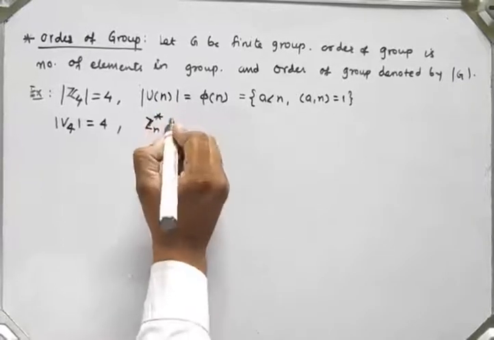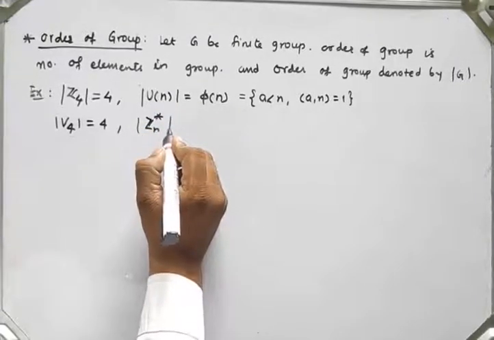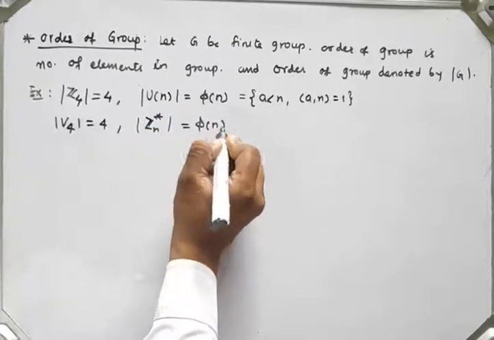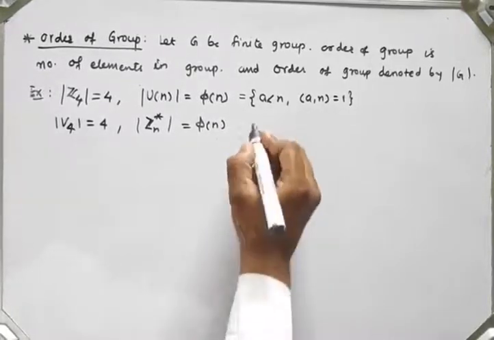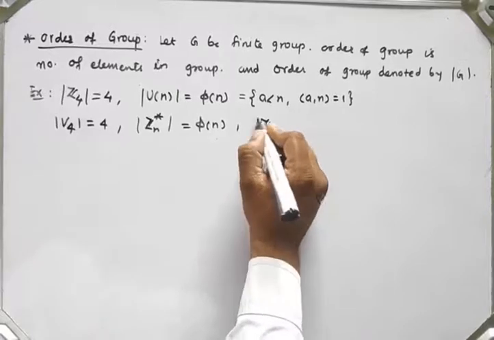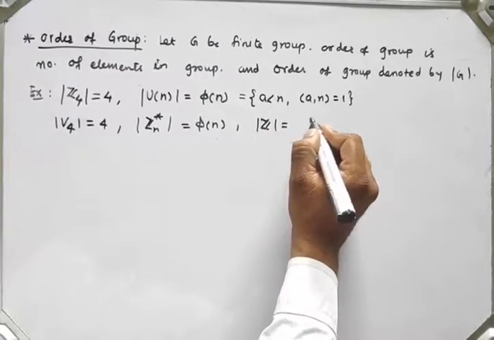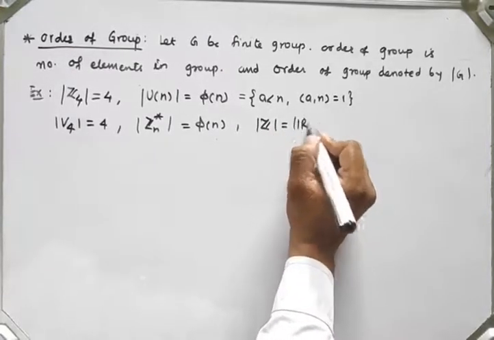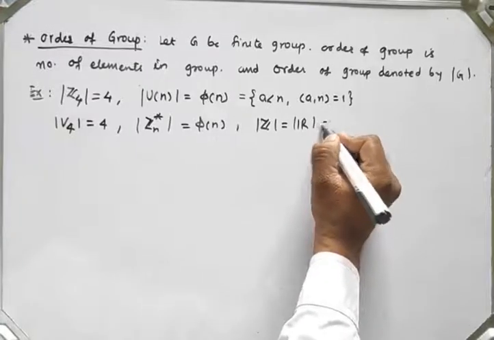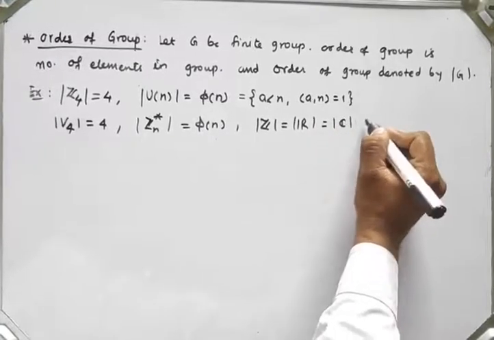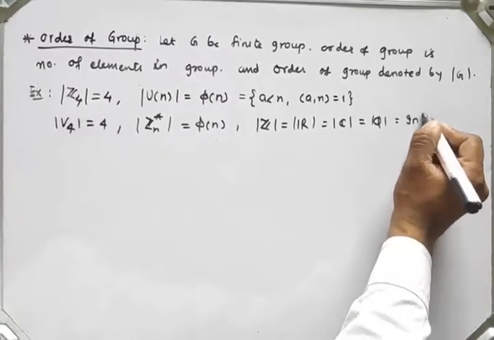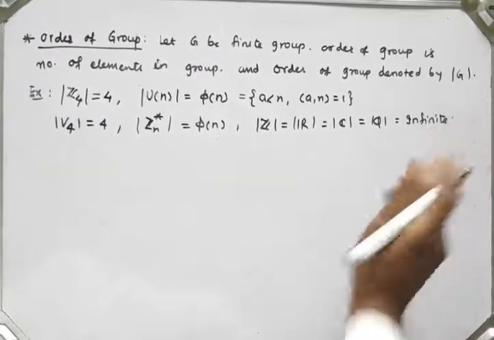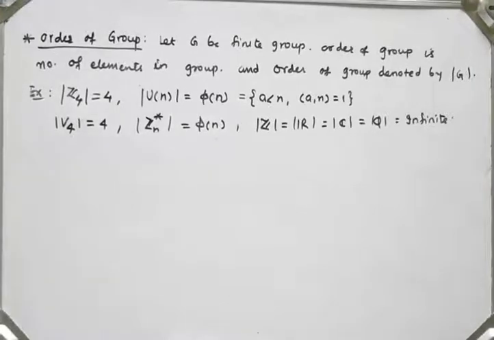The order of Zn star is again phi of N, the number of elements which are relatively prime to N. Next, the order of the set of integers, the set of real numbers, and complex numbers. The order of rational numbers is also infinite. So Z, R, C, and Q have infinite order.